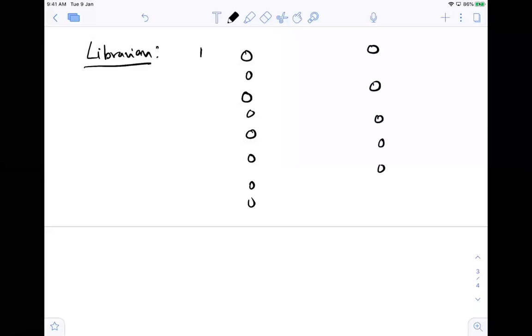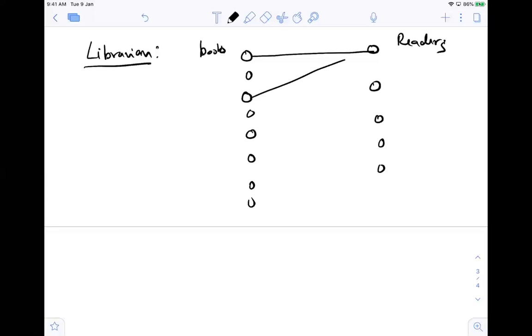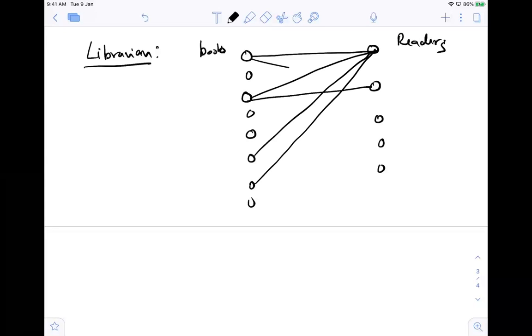Okay, so these are the books and these are the set of readers. Now, reader 1 is saying that I want any one of these 5 books. Reader 2 says that I want this and this book, one of them, not both of them, just one of them is good enough.